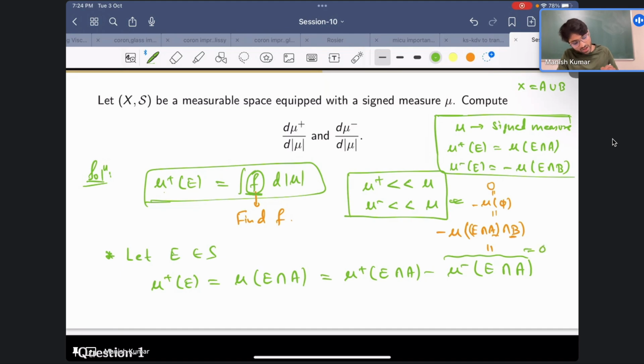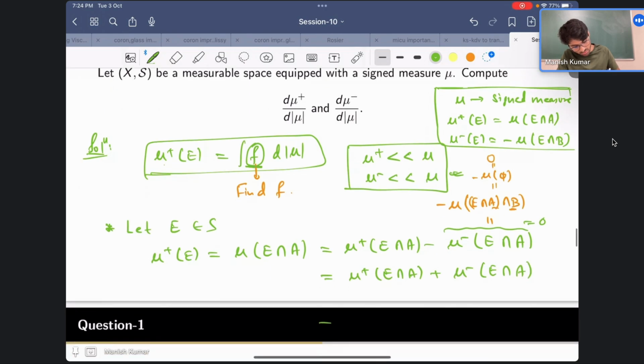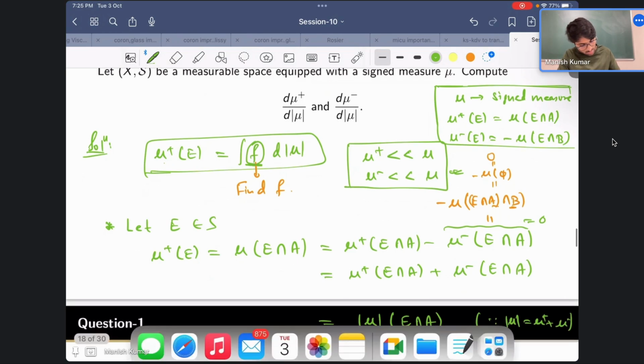So now I can add this quantity as well. This is mu plus of E intersection A plus mu minus of E intersection A, and this is nothing but mod mu of E intersection A, since mod mu is mu plus plus mu minus.